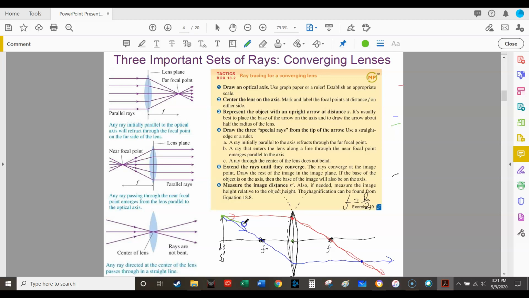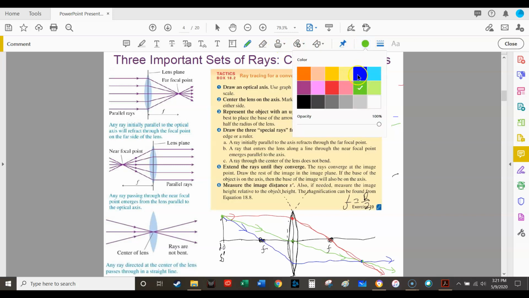But this one goes from here to there and continues on in this direction. So that's this third ray.